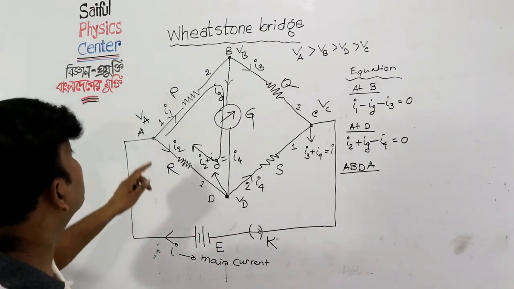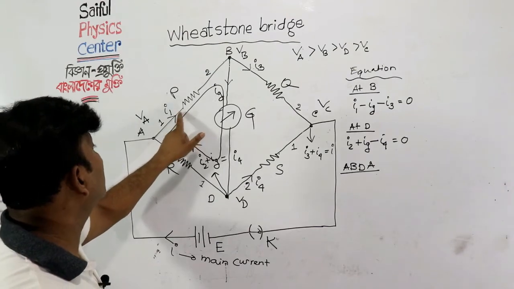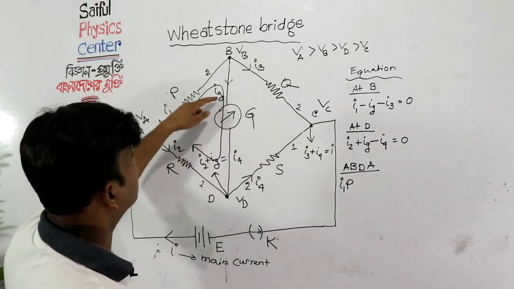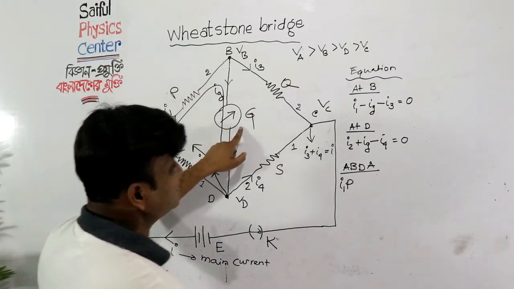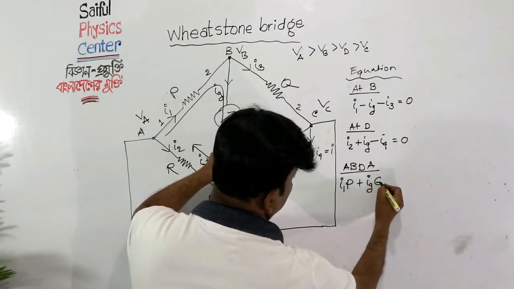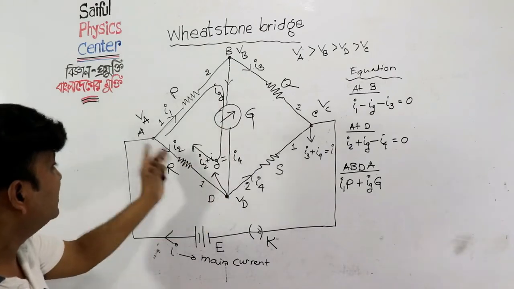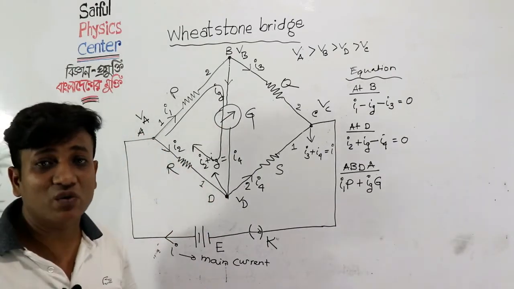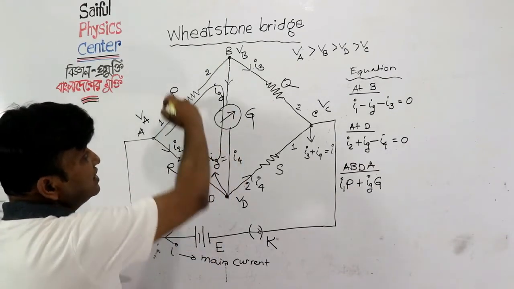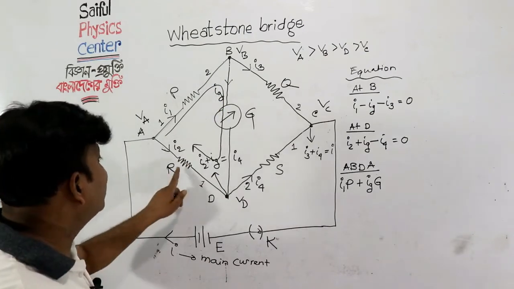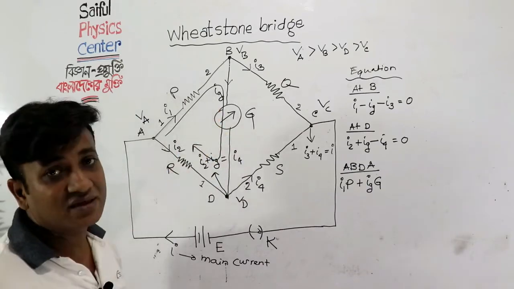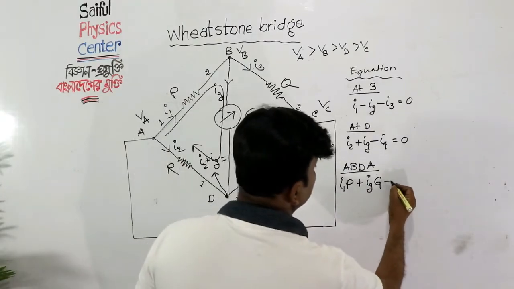So according to the voltage law, we get I1P plus, here the current is IZ and the resistance is capital G, so we can write IZ into G. But here the I2 current is anti-clockwise, though I1 and IZ are flowing clockwise. So the direction of I2 is opposite to I1 and IZ. That's why here we have to use a minus sign.